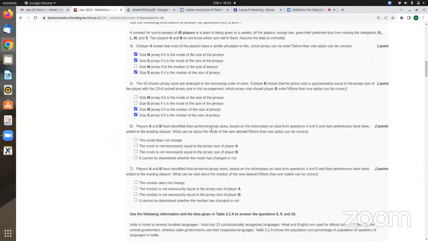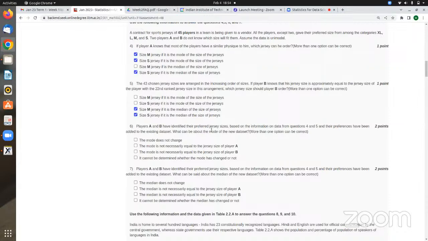If player A knows that most of the players have a similar physique. Can you tell me what my data set will be after questions 4 and 5, if you correctly identify these steps?